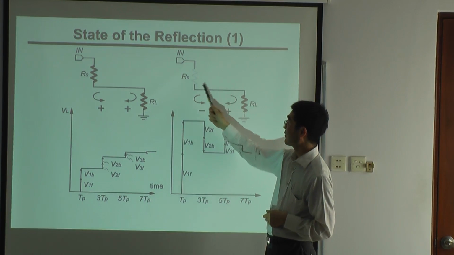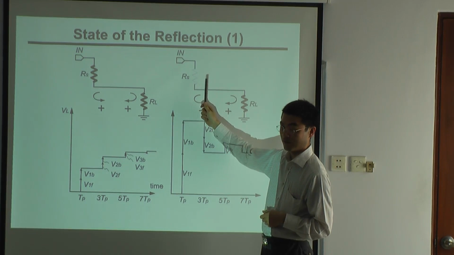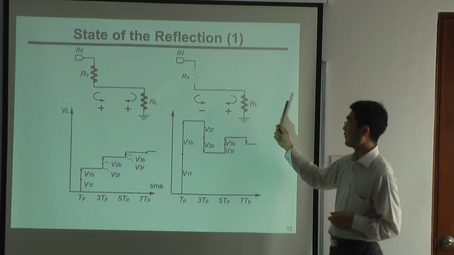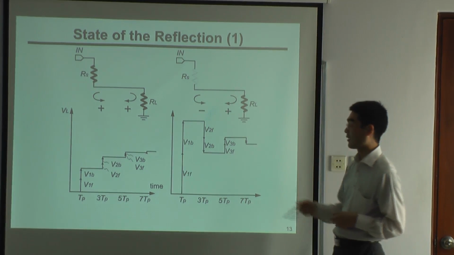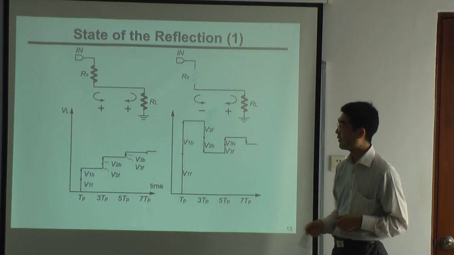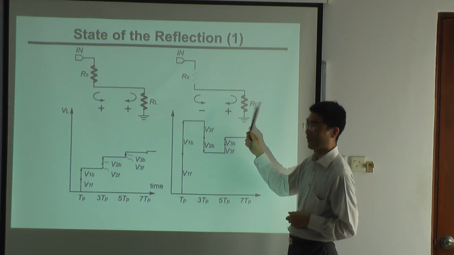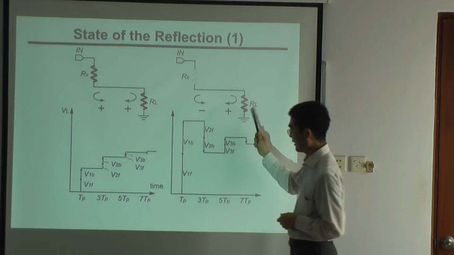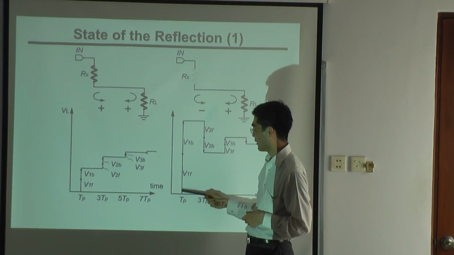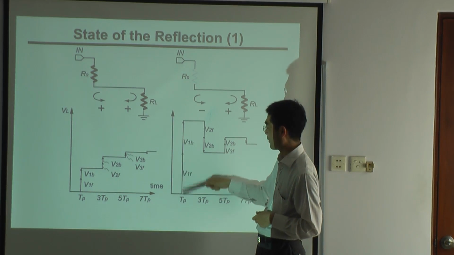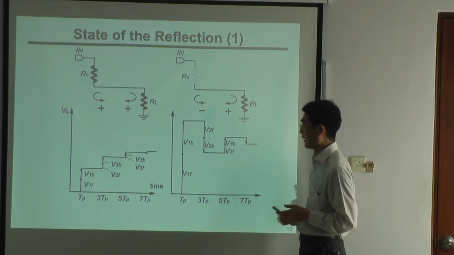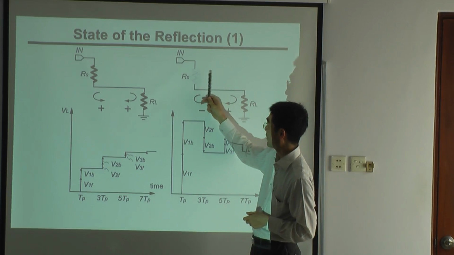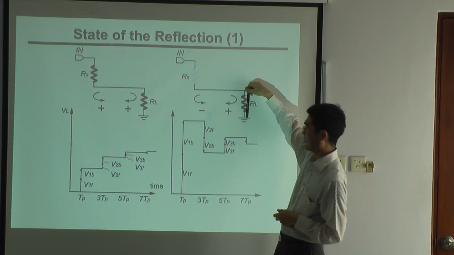And when the sender side impedance is smaller than the characteristic impedance, and the receiver side has larger resistance, the reflectivity at this point is plus and at this point is minus. In this case, at TE we have forward and first backward. And this first backward is reflected minus. So this wave comes in as minus and comes up to here.